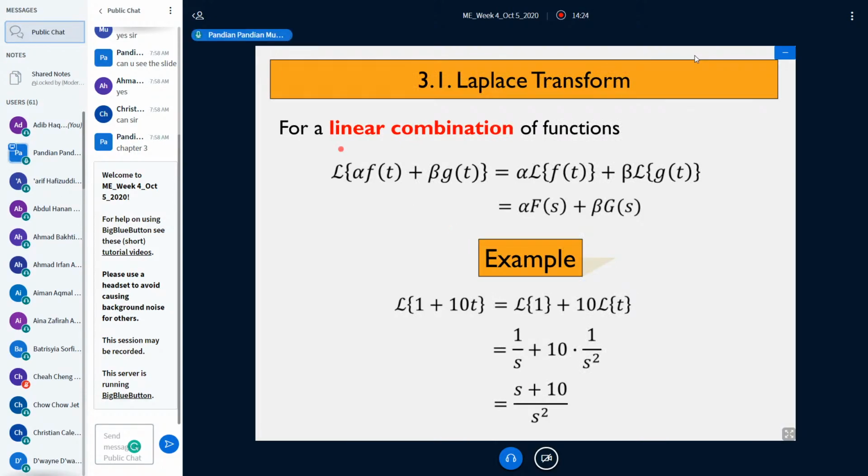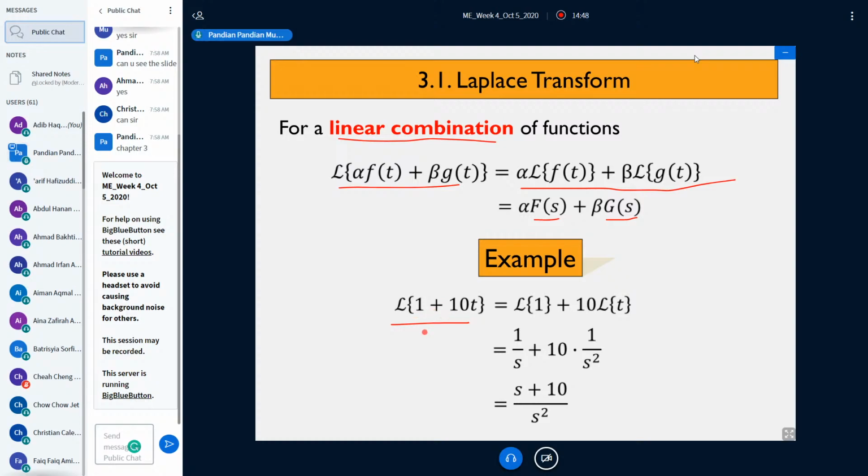So for the linear combination, you break this into two pieces. You can take the constant outside: alpha Laplace of f(t) plus beta Laplace of g(t). You know Laplace of f(t) is F(s), and Laplace of g(t) is G(s). This example shows how you break it into two pieces.